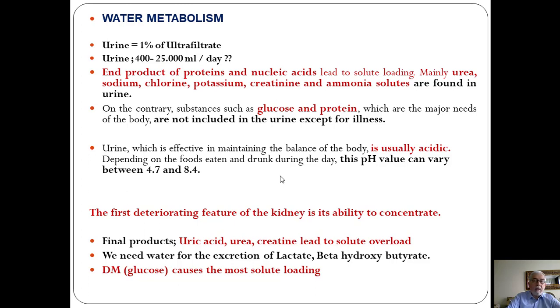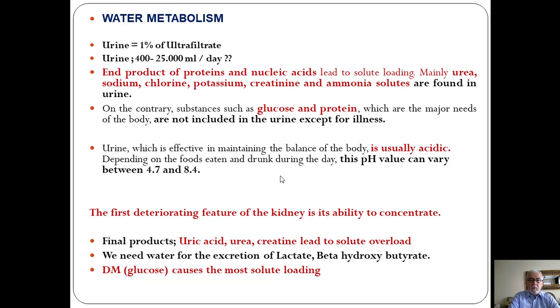Sometimes there are metabolic problems and renal function problems, and the urine volume can go down to approximately 400 milliliters or up to 25 liters each day, depending on the problem.